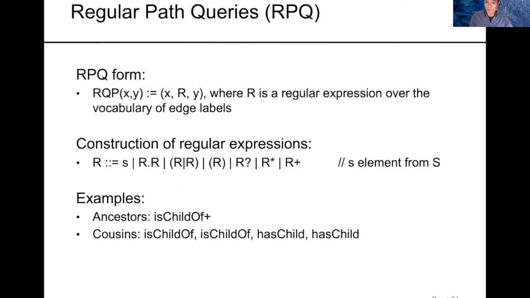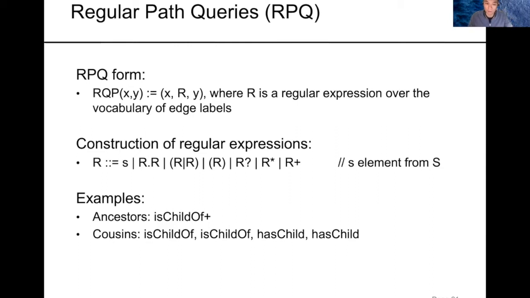The regular path query is a very important graph query. It has the form of a triple X, R, Y, where R is a regular expression over the vocabulary of edge labels. The construction of the regular expression follows these rules. First, R could be a simple element from the vocabulary of edge labels.